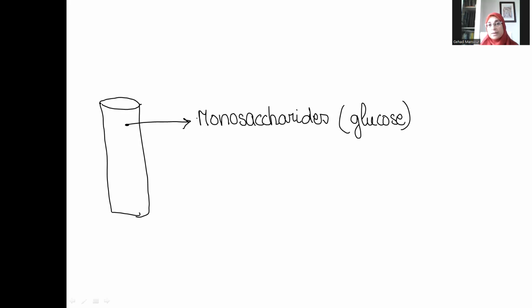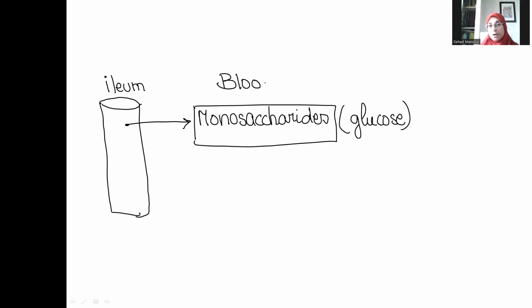So monosaccharides are the final products of digestion of carbohydrates, and they are absorbed through the mucosa of the ileum in order to reach the blood.